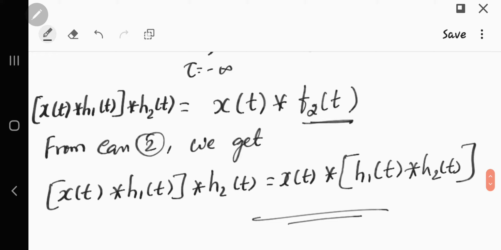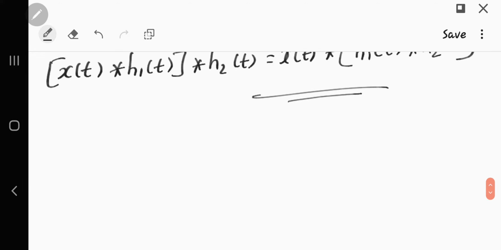So let's move on to the next one, that is distributive property.